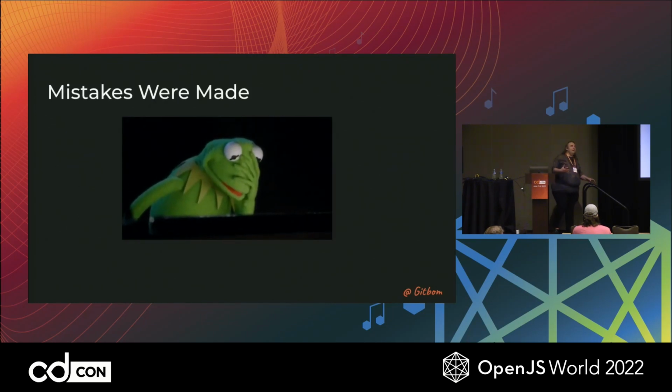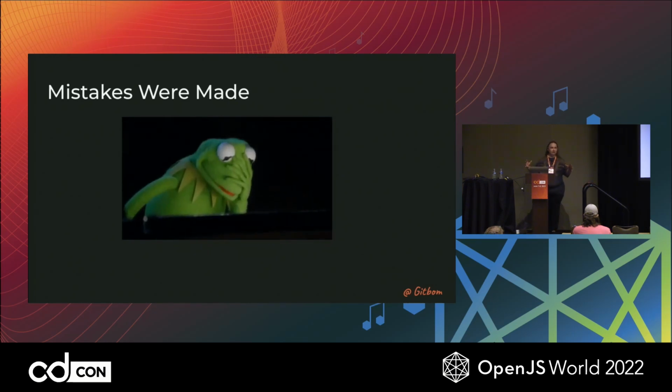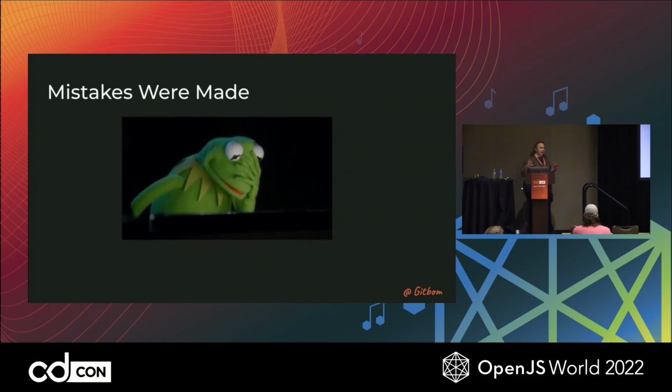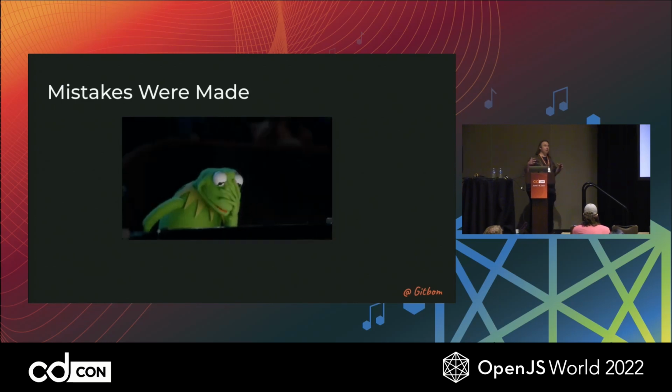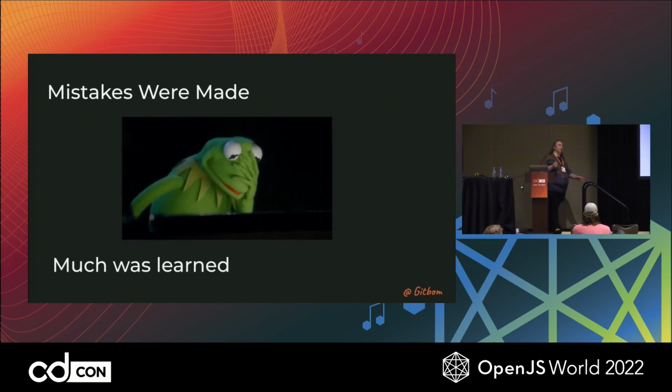As with anything else when you do it early, and this was certainly the case when I was building out SBOMs at an industrial scale at Cisco, mistakes were made. You're trying something for the first time, you don't actually understand all the wrong answers, so you try a bunch of things that look plausible. But the flip side of making mistakes early on is you learn a ton about the problem space.